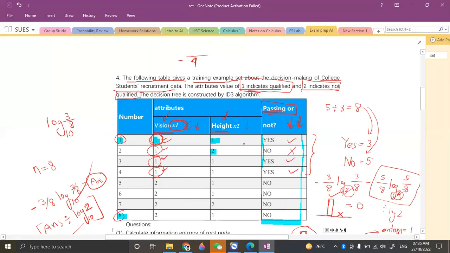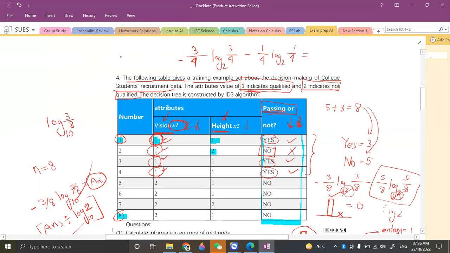Now if you have a look, we have 1, 2, 3. We have 3 yes, so we write down minus 3 out of 4, and then log base 2 of 3 out of 4. And then minus, we have 1 no, so we write down 1 out of 4, and then log base 2 of 1 out of 4.